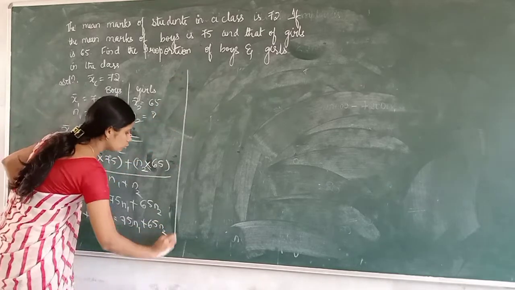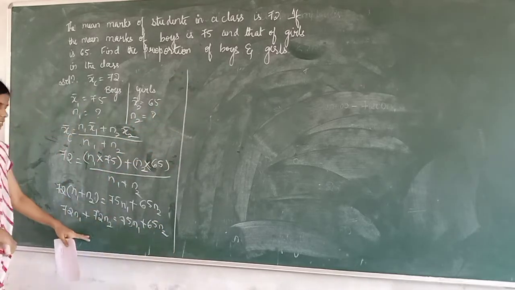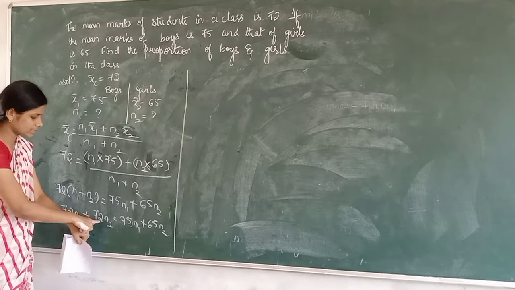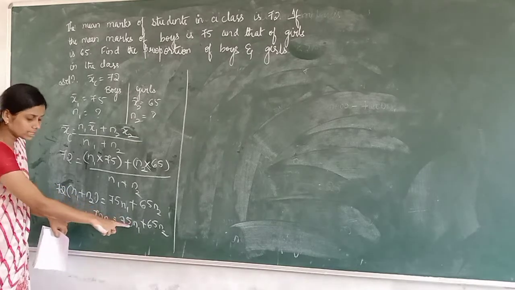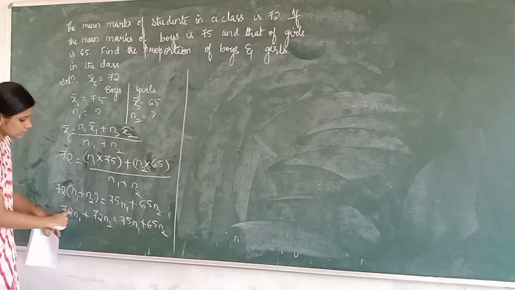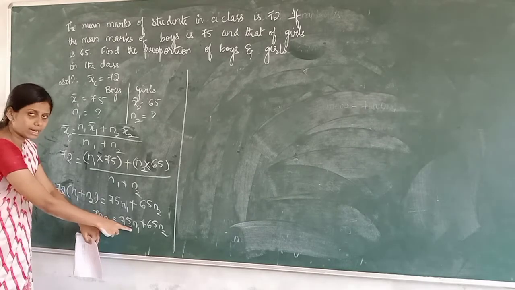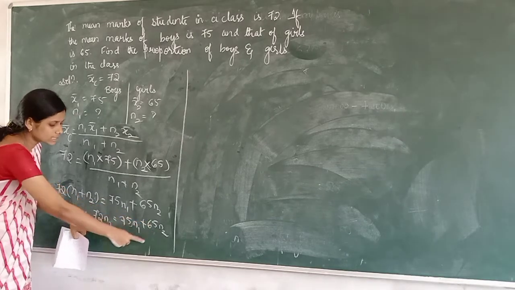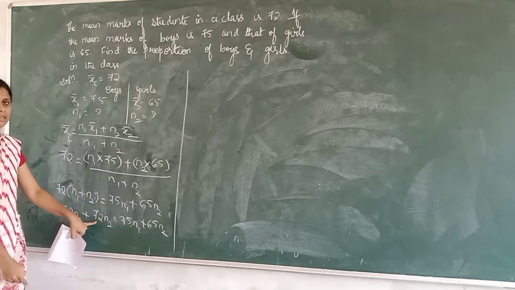Now we are going to bring N1 to one side and N2 to the other. See here, the 72 value is greater for N2, and for N1 the 75 value is greater. So the 72 N1 should be brought to the right hand side, whereas the 65 N2 should be brought to the left hand side.